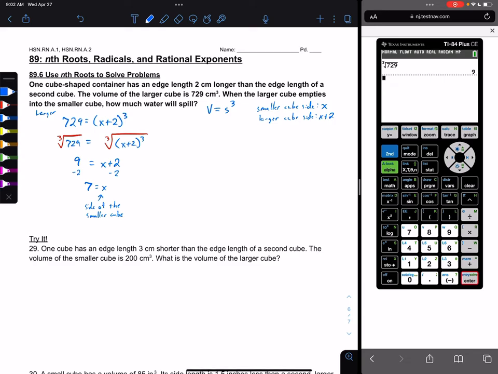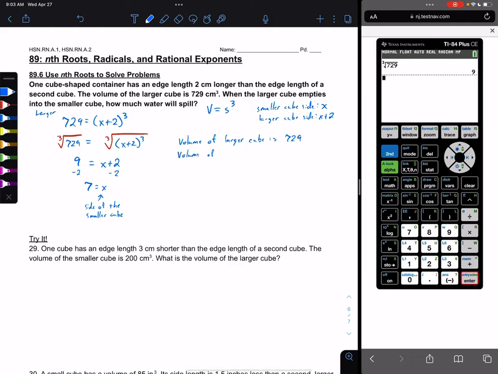So the volume of the smaller cube, we don't know that. We know the volume of the larger cube is 729.